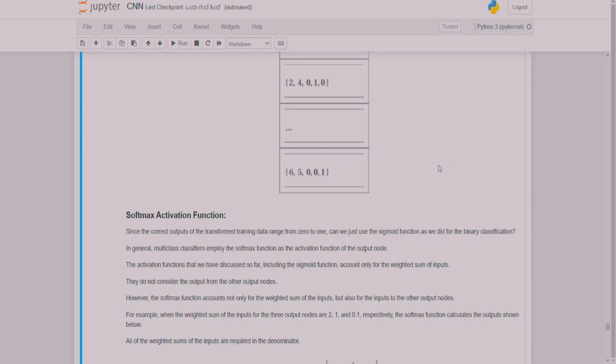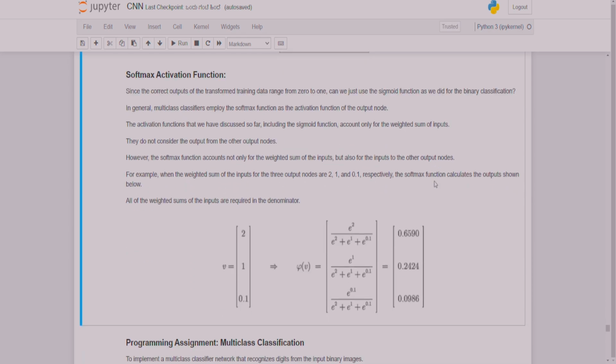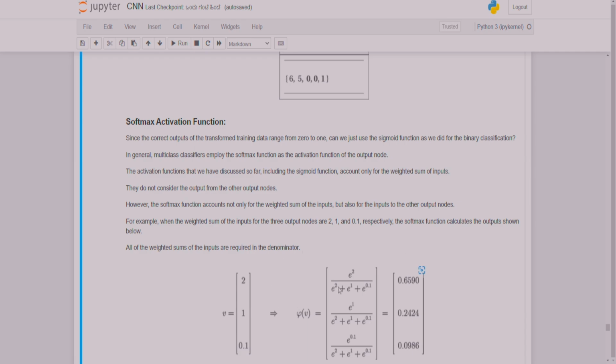I'll show you the issue with that now. So this is the problem, as you can see here, right below. So let's discuss the basics: why do we need to change now? We bring in a new activation function, which is softmax.